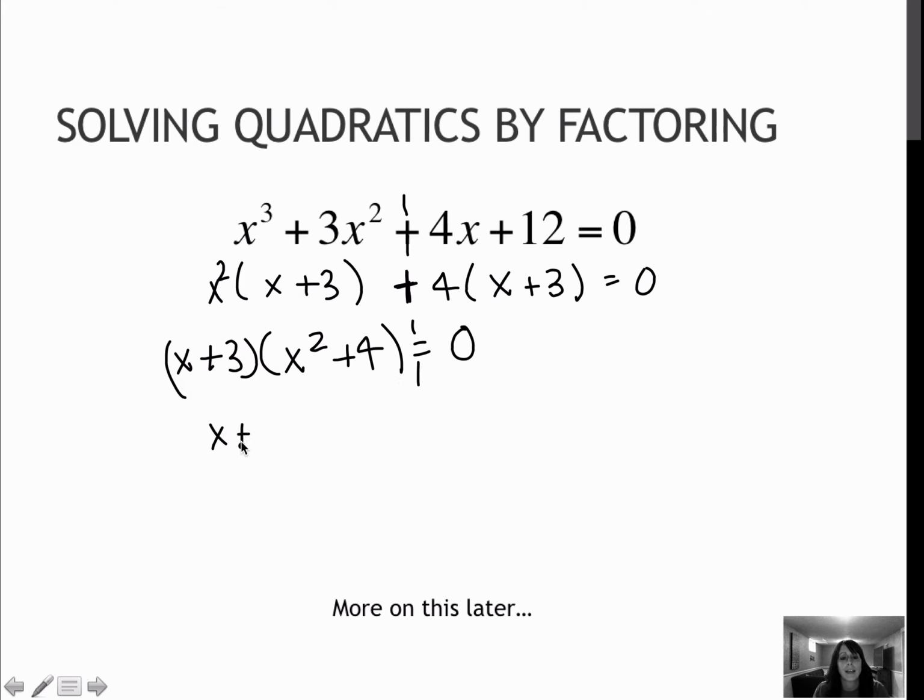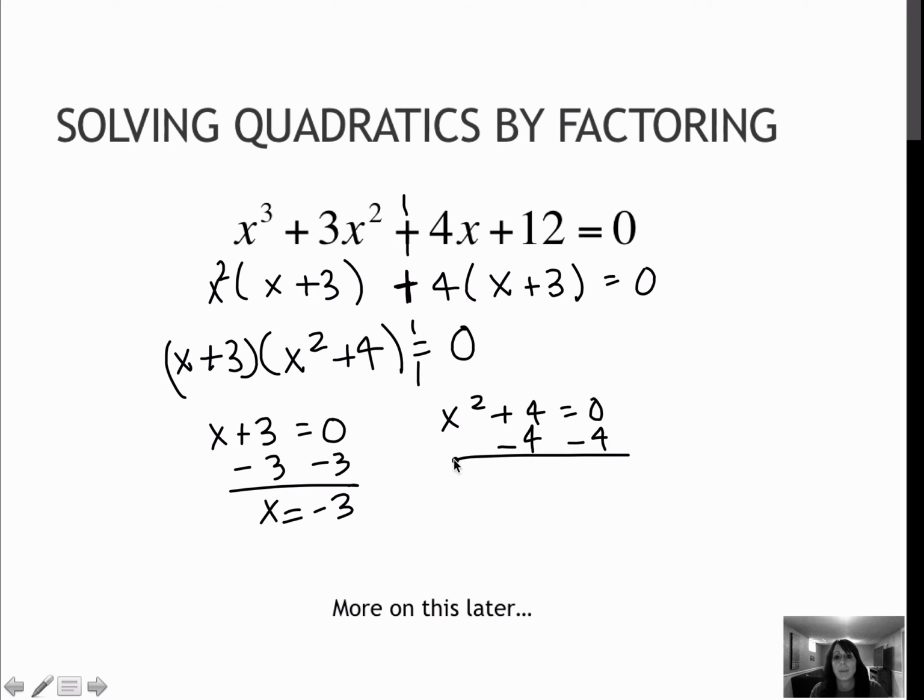So I would set x plus 3 equal to 0, which would of course give me negative 3. But if I set x squared plus 4 equal to 0, I would have to get that 4 to the opposite side, and then I would have to take the square root of both of those, and the square root of x squared is x, and the square root of a negative, until we talk about i's, the imaginary numbers, for now this is not going to work.